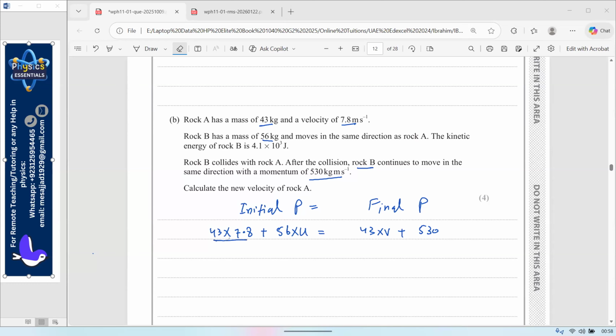So that was the initial momentum of A, that was the initial momentum of B, and that is the final momentum of A, and that is the final momentum of B. The energy of the second object is already given to us.